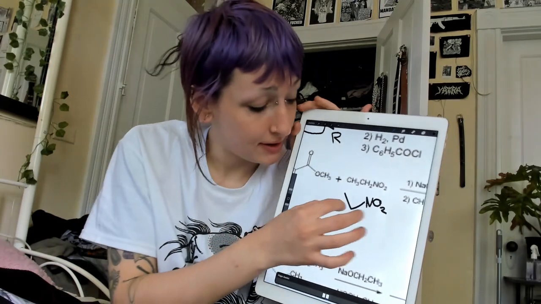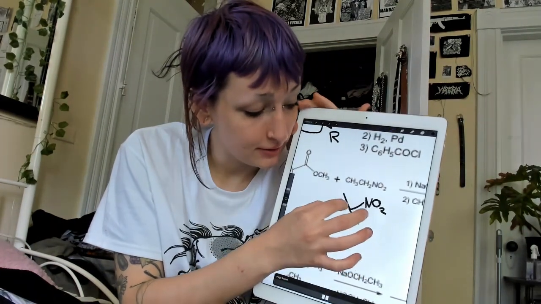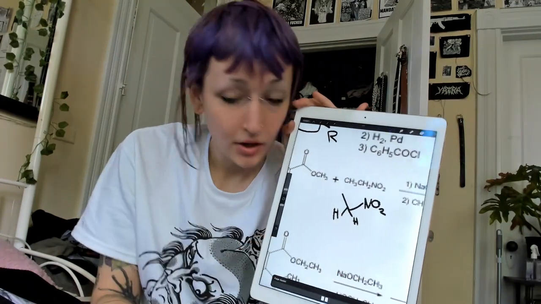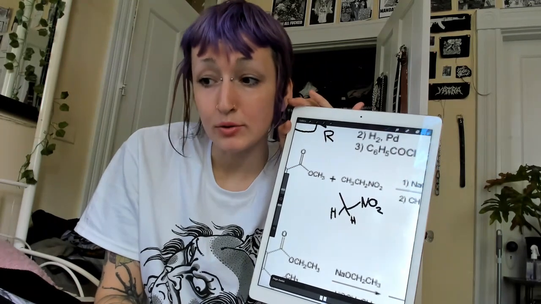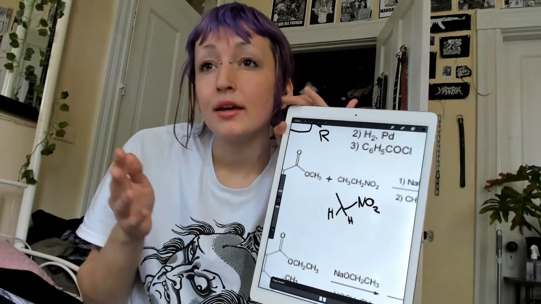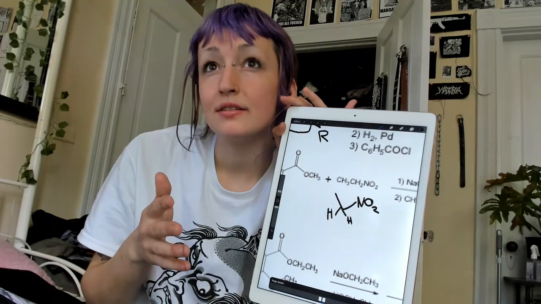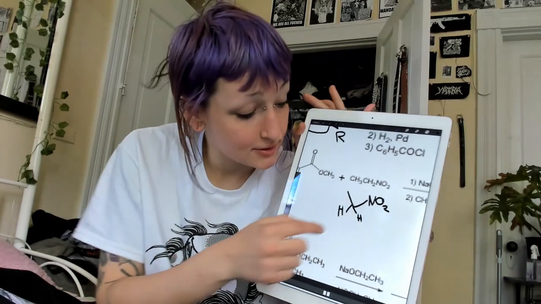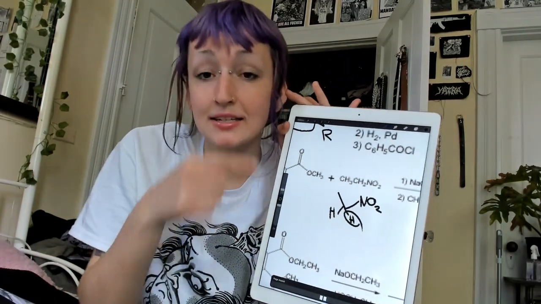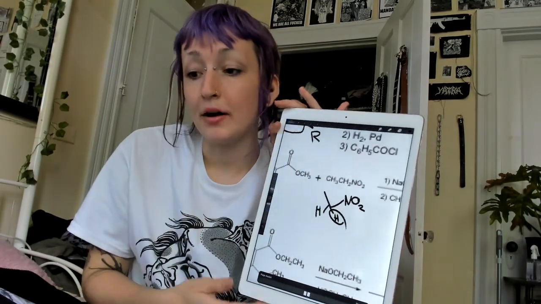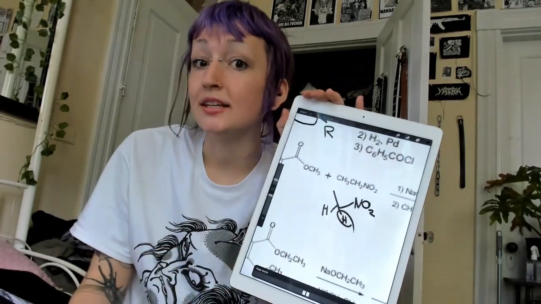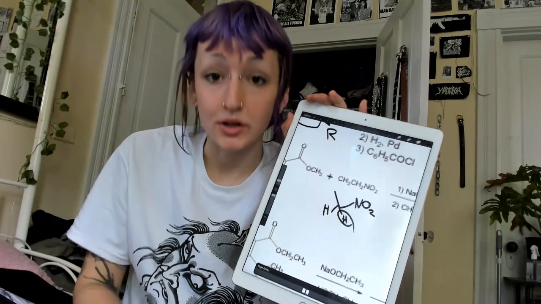So when you have an alpha hydrogen here, you have 2 of them here, what you are able to do is essentially work with this as if it is a beta dicarbonyl alpha hydrogen like you had seen in chapter 22.